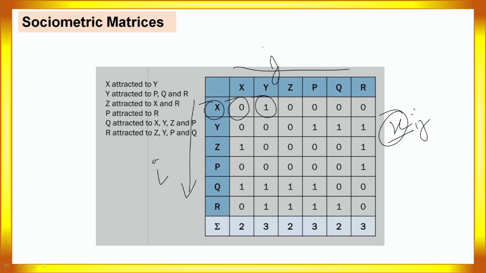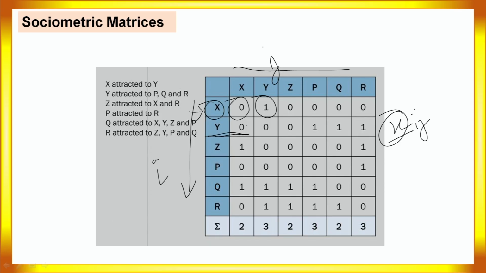Like if this person Y chooses X, or X chooses Y, if you come to the first row, second column, that is the Xij. Here X chooses Y, and that is the choice status of X. Now, if you come to Y, what is the choice status of Y with respect to X?